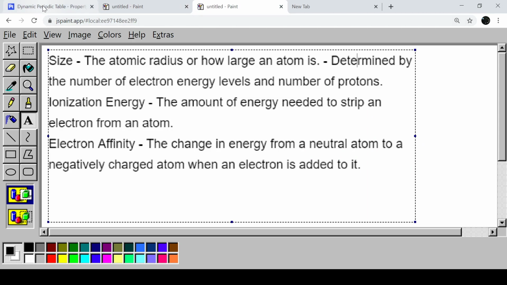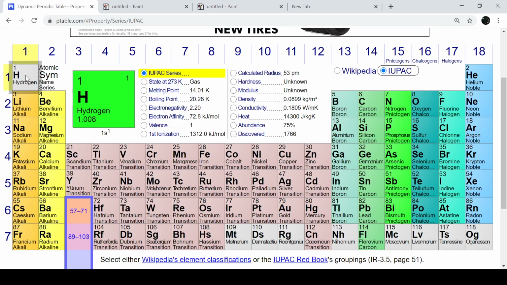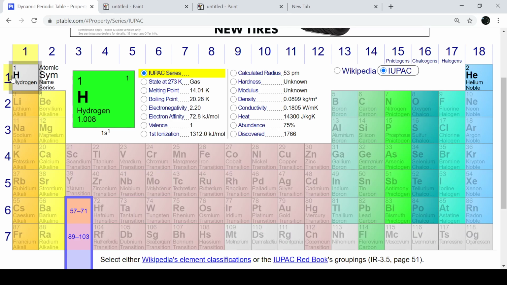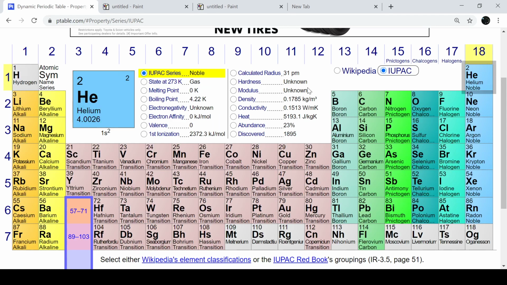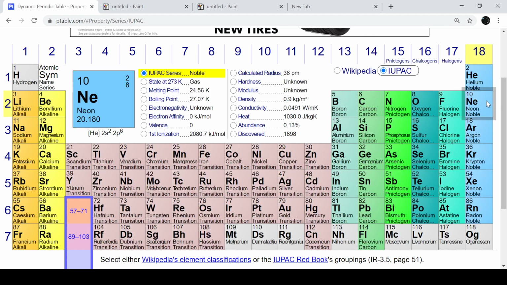Now let's go ahead and see how it works on the periodic table itself. So this is the periodic table, and right now we have it in the IUPAC setting. And I want you to notice that the first energy level is this row right here, and there's only 2. The second energy level has a total of 8 in it.